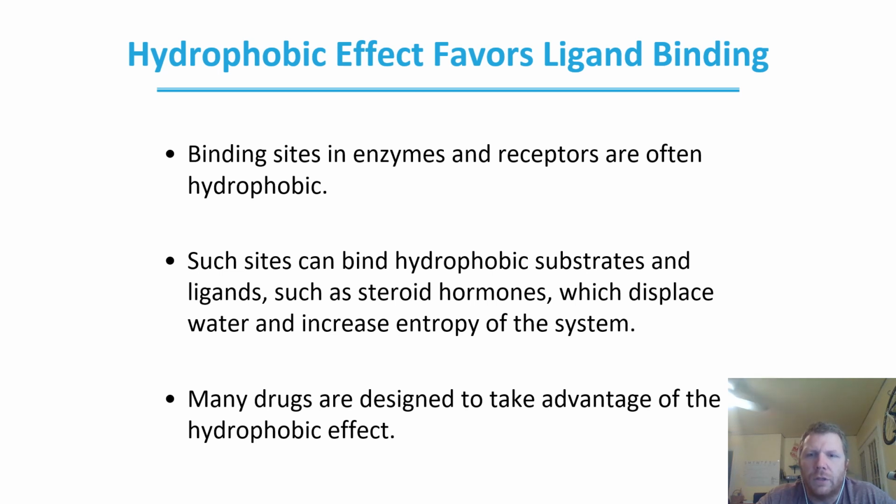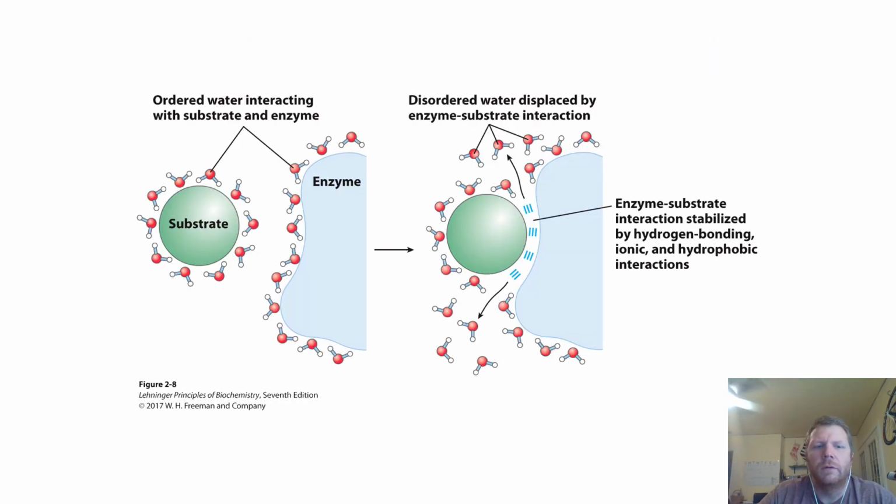These steroid hormones displace water and increase entropy of the system. Many drugs are designed to take advantage of that hydrophobic effect. So make a drug that's fairly hydrophobic, because what do you know the water is going to do? It's going to try to put it with a bunch of other hydrophobic stuff.